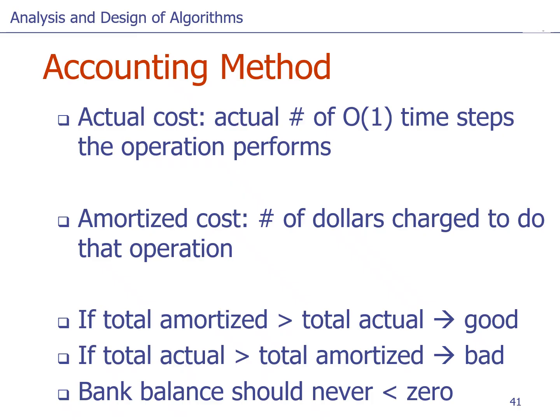In this model, we have money allocated to an operation. Either we spend the money or we spend portions of the money. If we spend the whole amount, we charge that to the operation. If we spend part of the amount, the remainder is left in the bank.